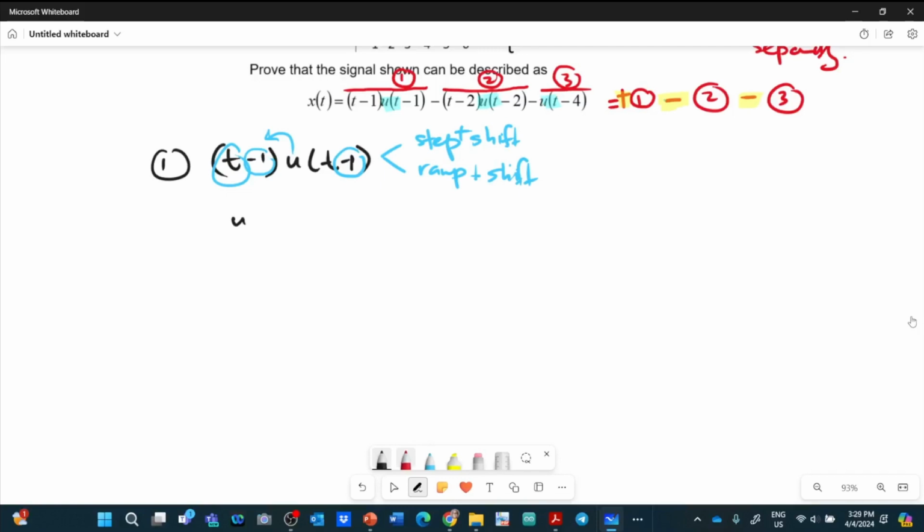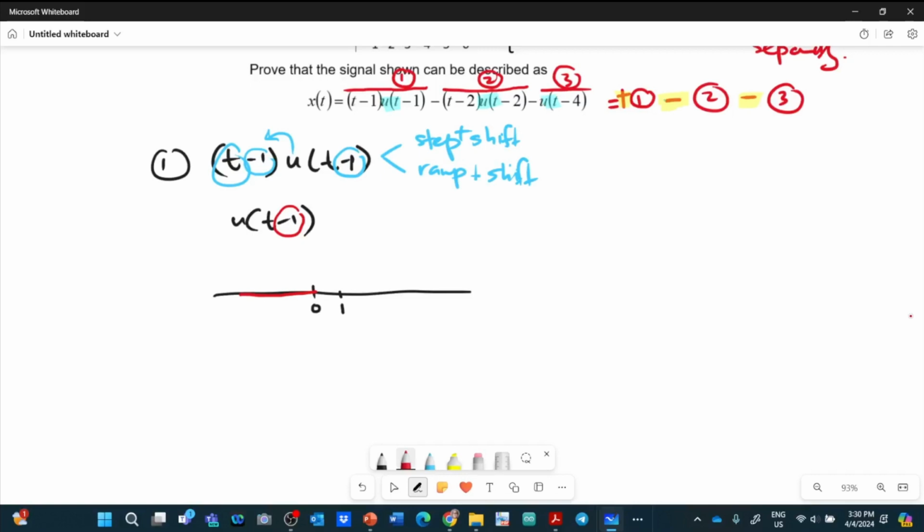U(t minus 1) adalah unit step with a shifting. Shifting left or right? Right. It's a time delay. So shifting by 1. Why? Because this one, U(t minus 1).